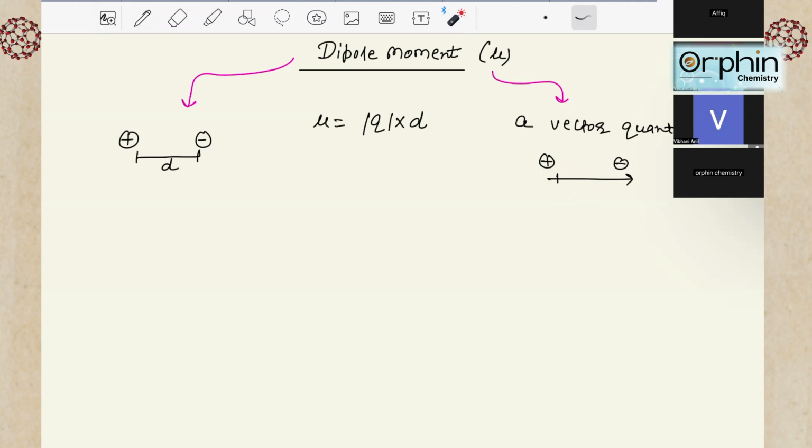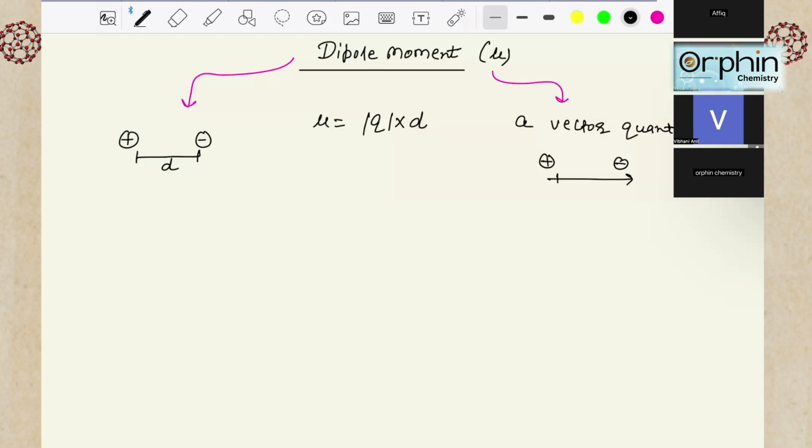Okay. So this distance, we can never find out, because it is always experimental data. This d value will be given in the question if they want you to calculate the value. And what is the value of the charge? When complete positive and complete negative charges are there, it is 1.6 into 10 raised to power minus 19 coulomb, because it is the charge of an electron.